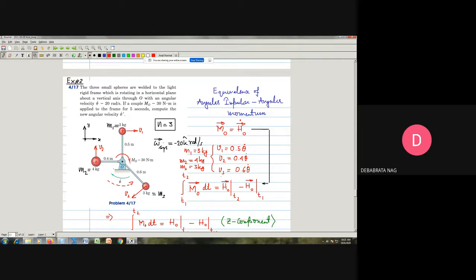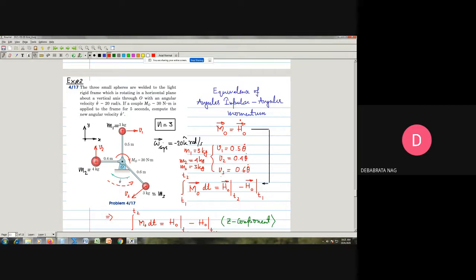In this present problem, both identically have the same sense of direction. But if the angular velocity, instead of showing in this direction, had been in the opposite direction, then we need to consider that the moment will be in the clockwise direction and the angular velocity will be in the anti-clockwise direction.